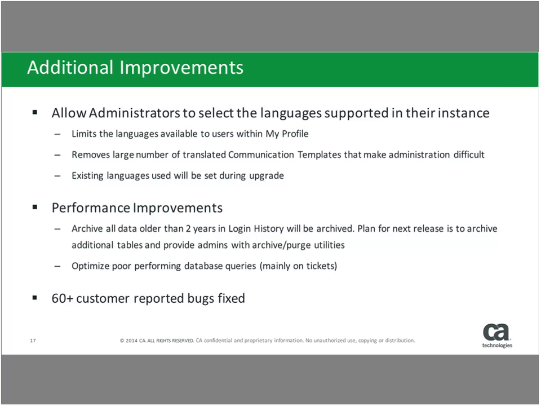So again, if you're only using one language, let's say Spanish, when you upgrade, you're only going to see Spanish communication templates. Administrators have the ability to change this at any point. If they want to add a language, if they want to remove a language, they can certainly do that. This also removes a lot of data from your actual instance. In your database, we're storing all these communication templates, so that frees up some space. Should improve performance, and again, we're just using up space that's unnecessary as well.